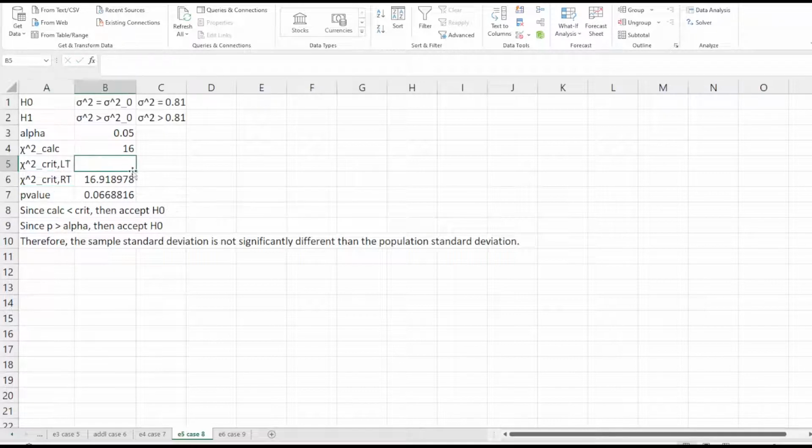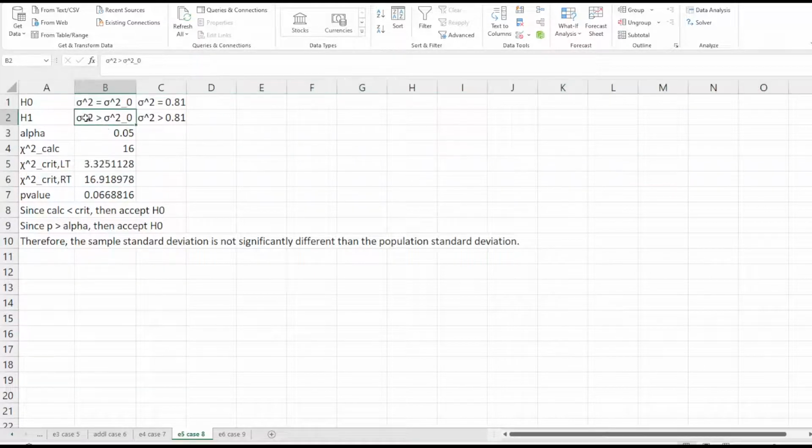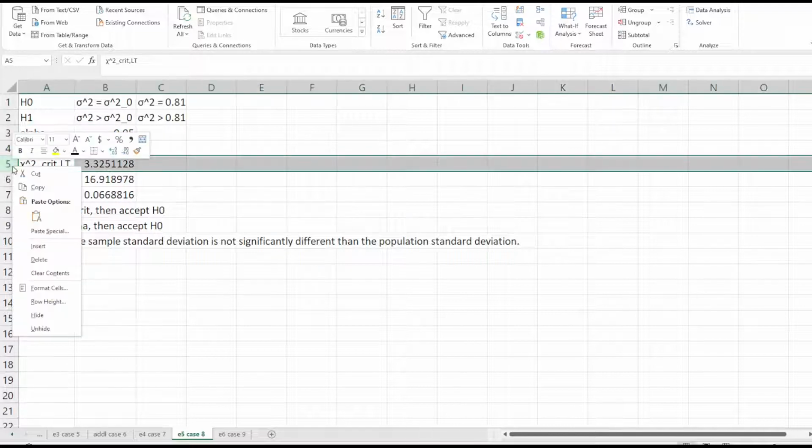So we have the left tail and the right tail, and this should be equal to, I can copy this, chi-square inf 0.05. Okay, so I have a left-tailed and a right-tailed. Although, the reason I didn't put it is that we already know this is a one-tail test, since based on the problem, we know the directionality of the question. So we don't need to establish the left tail, which makes sense.